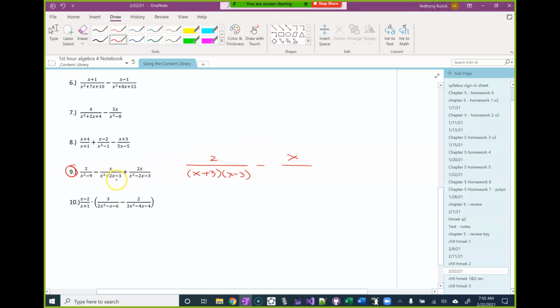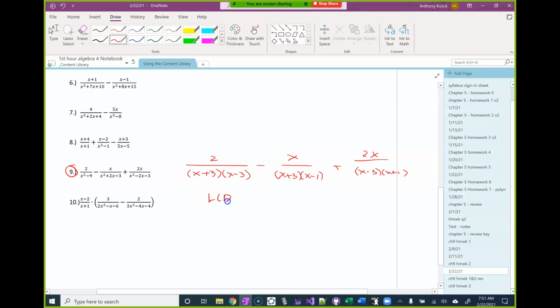X squared plus 2x minus 3: two things that multiply to give me negative 3 and add to give me 2 are positive 3 and negative 1. And then the last one, x squared minus 2x minus 3, multiplies to give me negative 3, adds to give me negative 2, is just negative 3 and positive 1.